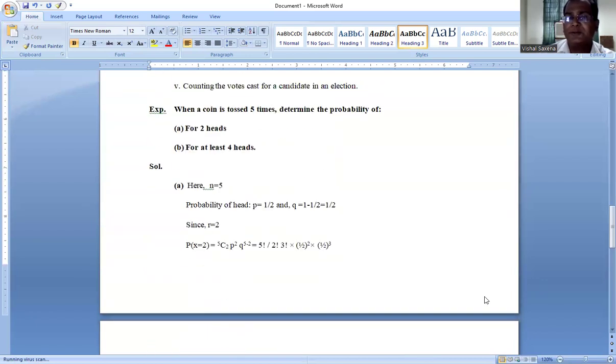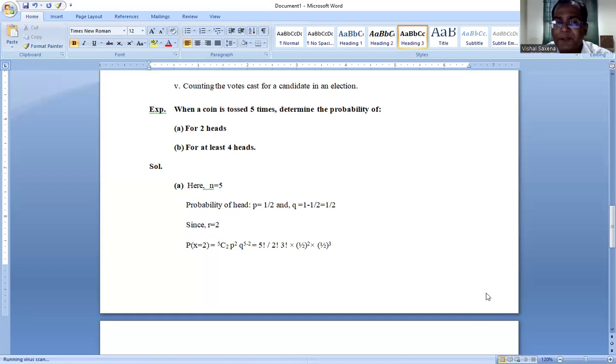So this is the question from the binomial distribution. We have to understand one important thing: the binomial distribution is a part of the discrete probability distribution, and the Poisson distribution is also a discrete probability distribution.